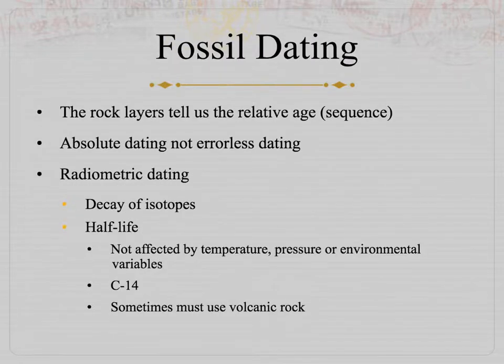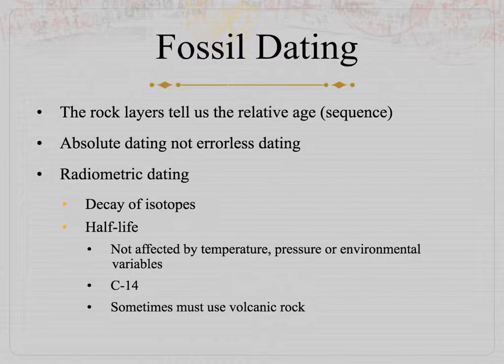So how do we know the age of the fossils and the things that we're pulling out of the earth and studying, and we're trying to determine how old the earth is and how old these organisms are? We have two different methods. One is the relative age, and that we look at the rock layers. Which rock layer came first is probably the one that's on the bottom, and the one that's on the top is the one that was most recently laid.